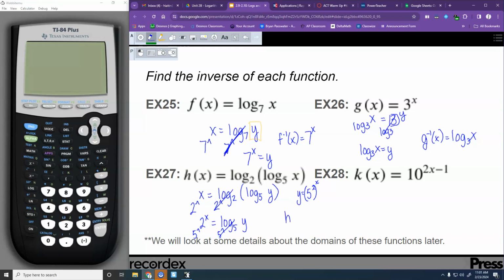So we could say that that inverse is going to be 25 to the x power. It is also possible that they would do 5 to the 2x. It just depends on what they decide they want to leave it as. I like the 25 to the x power best there.